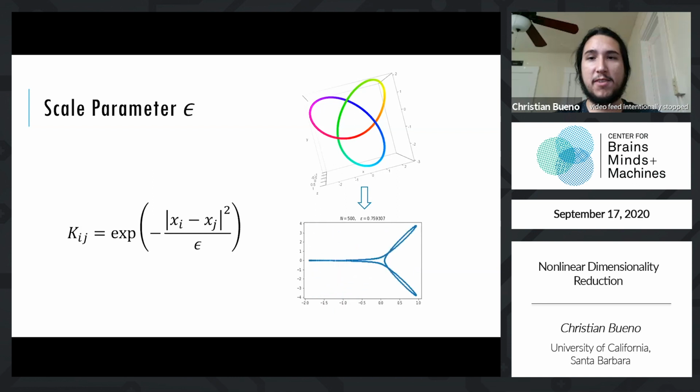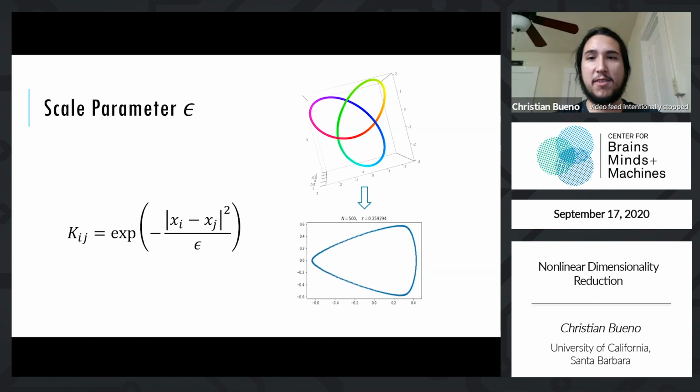The reason that's happening is because as you make epsilon smaller, you're making the variance of this Gaussian smaller. And so basically you're only looking very, very locally. And if you're looking only very, very locally, you're starting to behave like that ant on the manifold. You can only really see what that ant would see to some extent.